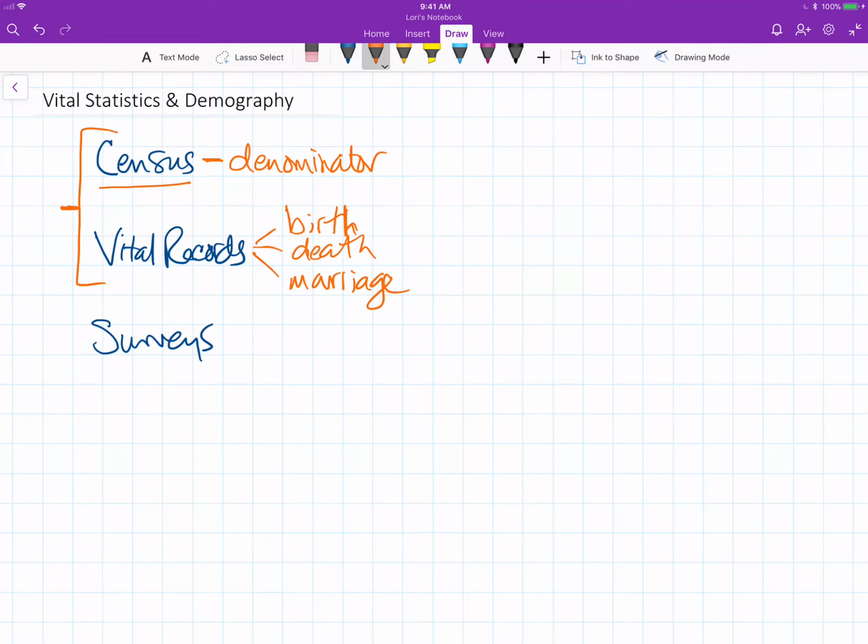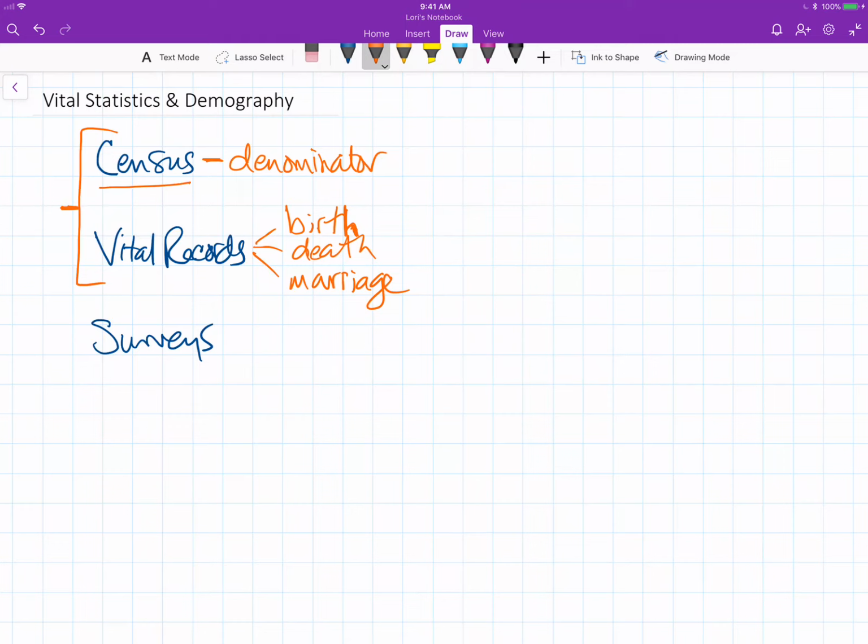And so this gives us a sense of how the population is changing, who is entering the population, who is exiting the population, and what are some of the kinds of things that are happening within that population. The downside to these vital records is that the information we find on birth and death and marriage certificates is not always accurate.